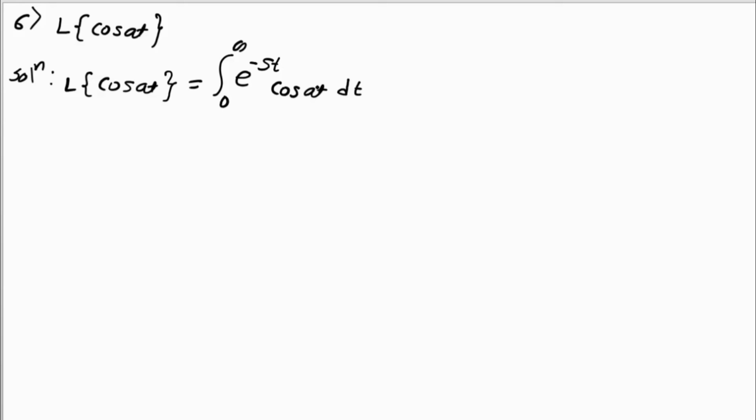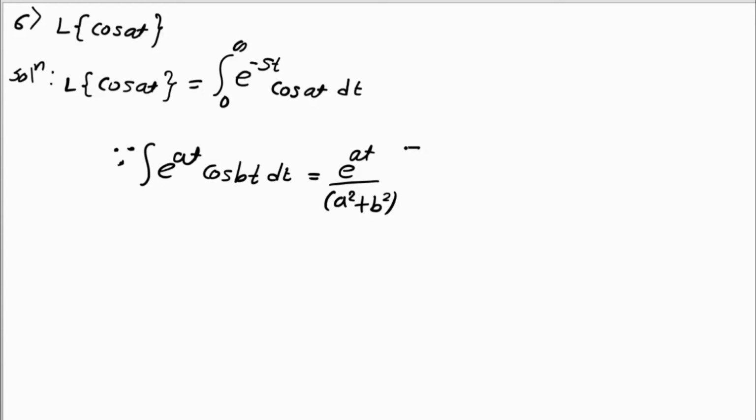And again, we use the standard integration formula: e raised to the power at into cos bt is e raised to the power at upon a square plus b square, in bracket a cos bt plus b sin bt.